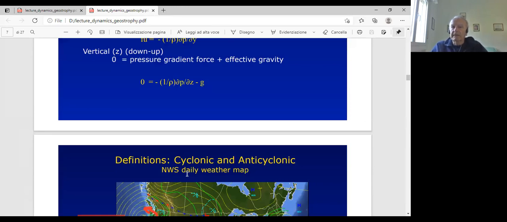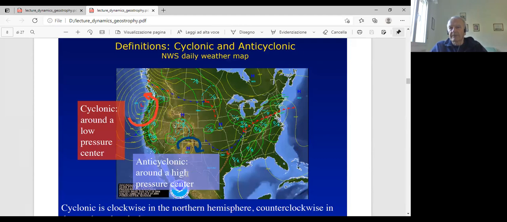We can start from the atmosphere, because in the atmosphere the geostrophic wind has been introduced very early, as soon as the analysis of weather maps or synoptic maps started, because, as was shown later, this is a very good approximation of the real wind.